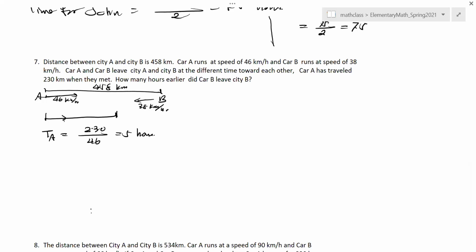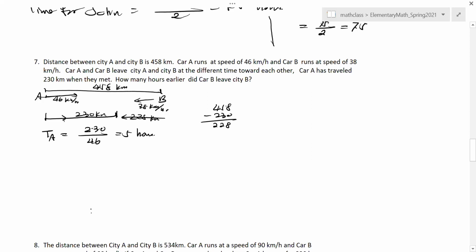Then you can also figure out the distance. This is 230 kilometers. And because they meet, the distance car B travels will be 228 kilometers. Why? Because 458 minus 230, right?